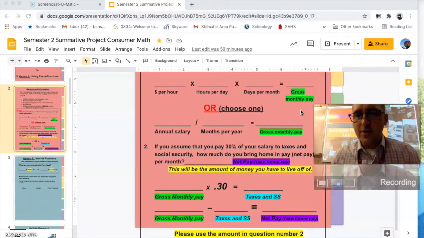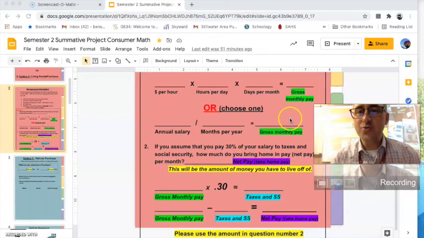Other people want to make purchases that are a little more expensive and are more comfortable with living on the edge of their budget, and so they may choose the higher pay. It doesn't matter. Choose whichever one of these you're comfortable shopping with for either this car or this housing, and you're going to use one of these on both these lines. Not both of them, but you're going to choose one for both these lines.